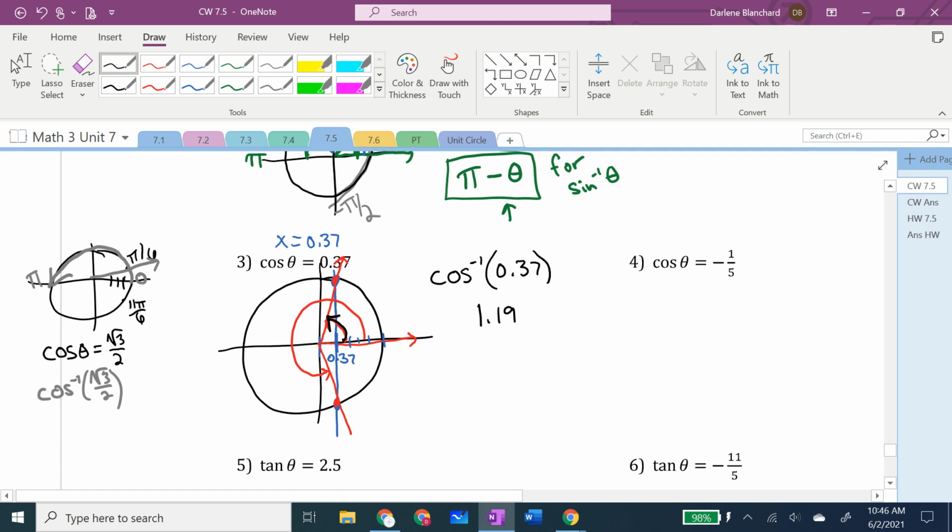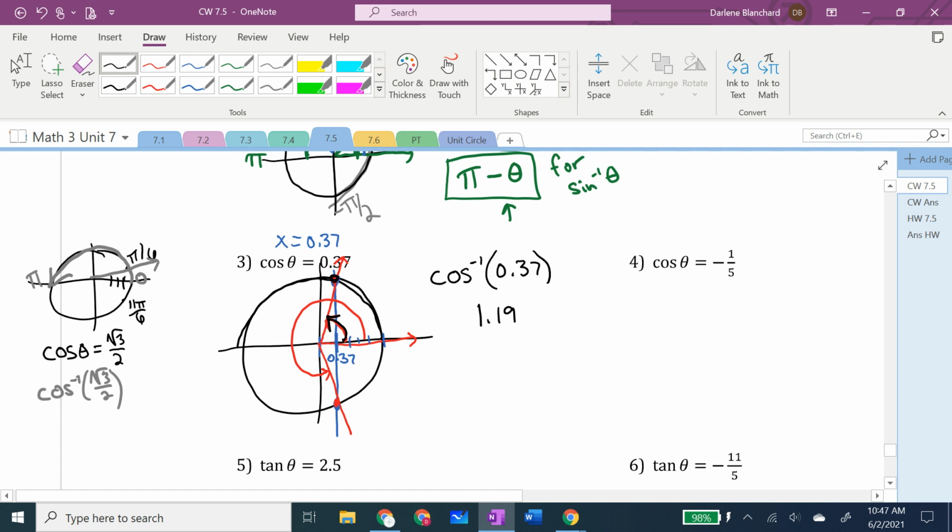And remember that with cosine, my answer will only be something between 0 and pi. And so this is the only answer I'm able to get out. However, for most of the problems, it's a very small rarity, and it's only when you're using the unit circle anyway.